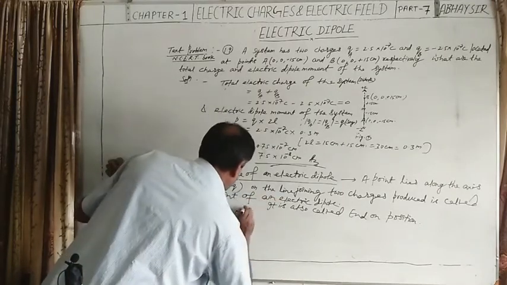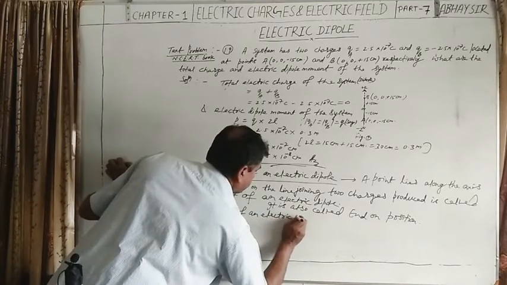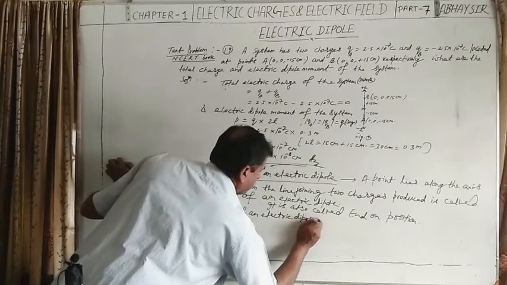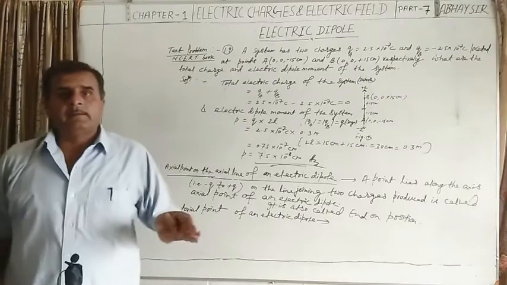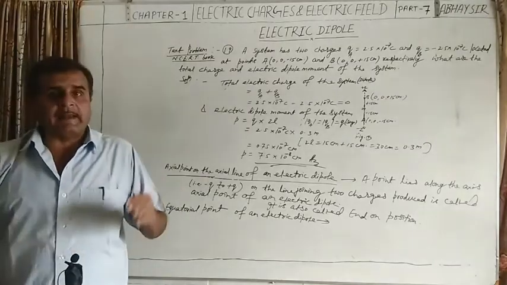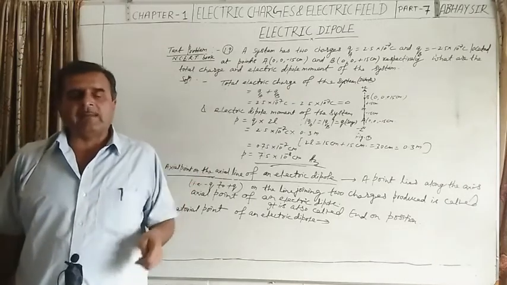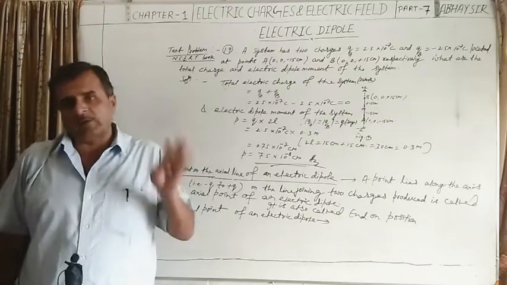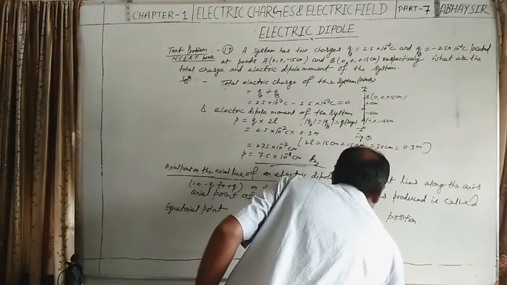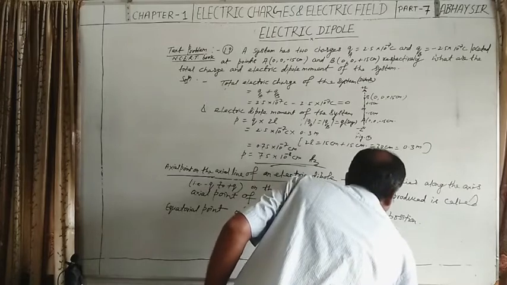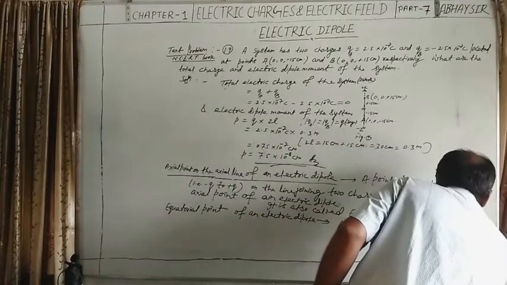It is a point that lies on the perpendicular bisector of an electric dipole. It is called the equatorial point of the electric dipole. It is also called the broadside-on position of the electric dipole.